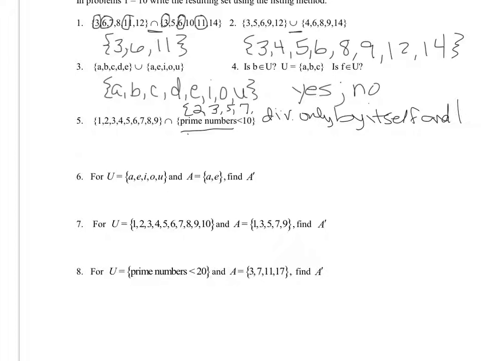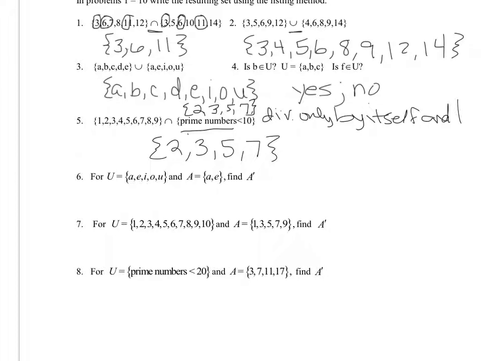You need to say no, because 9 is not only divisible by 1 and 9, it's also divisible by 3. Since we've reached the end of the line, it'll be the numbers 2, 3, 5, 7. Now, if I'm writing the intersection of these two, that will be my answer: 2, 3, 5, 7.